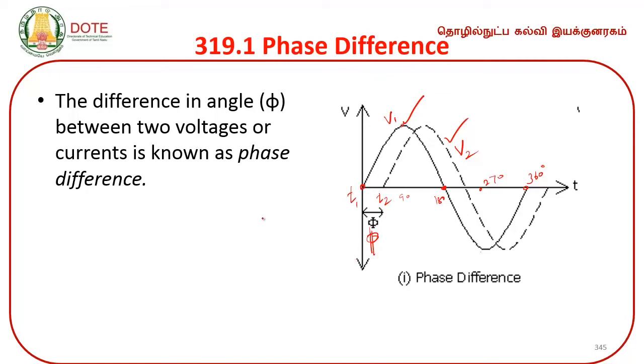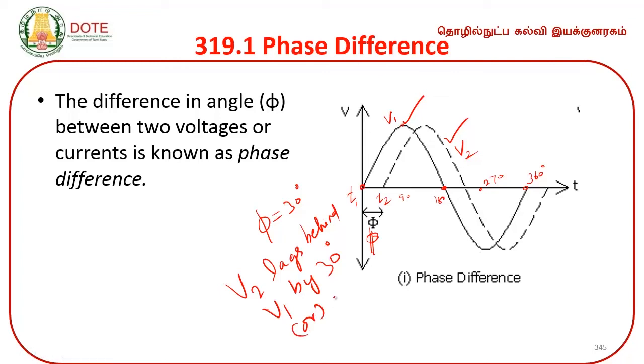Suppose phi is equal to 30 electrical degrees, now I can say the voltage V2 lags behind V1 by 30, or I can say V1 is leading V2 by 30 degrees, both are same.